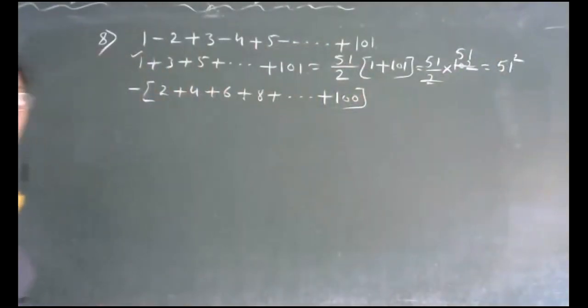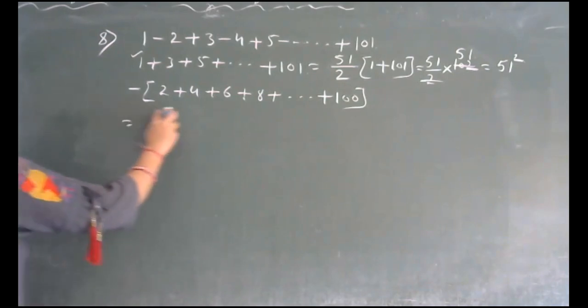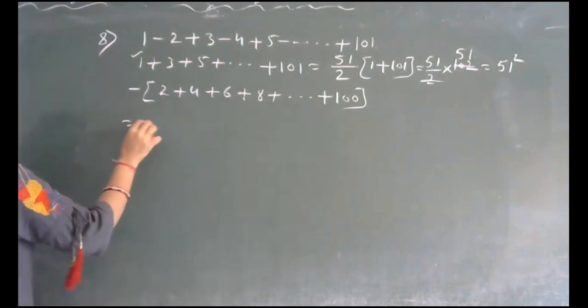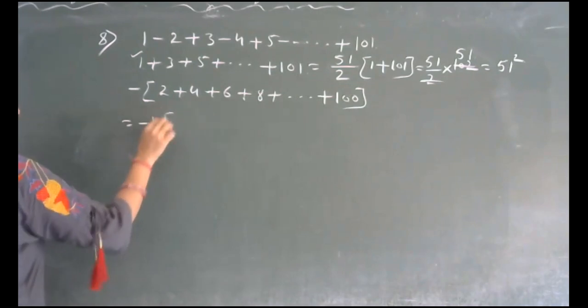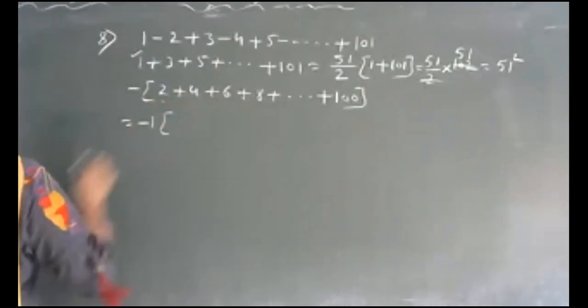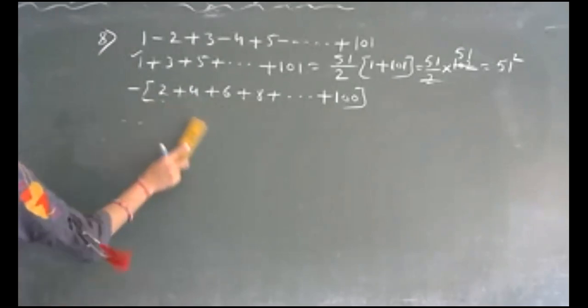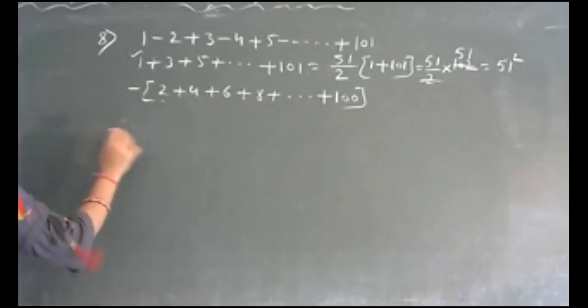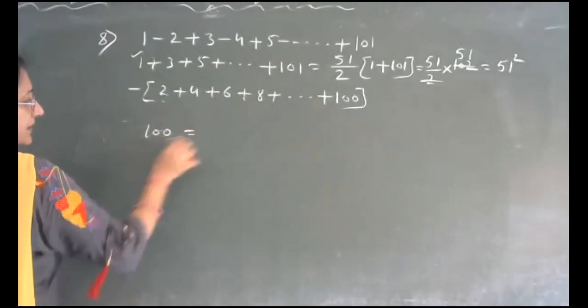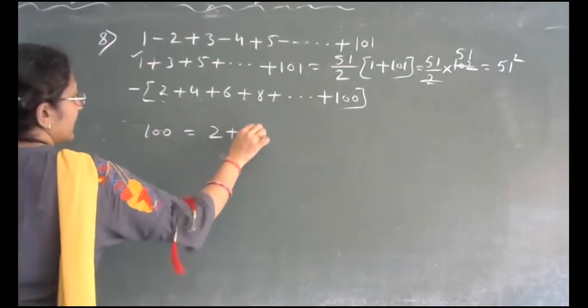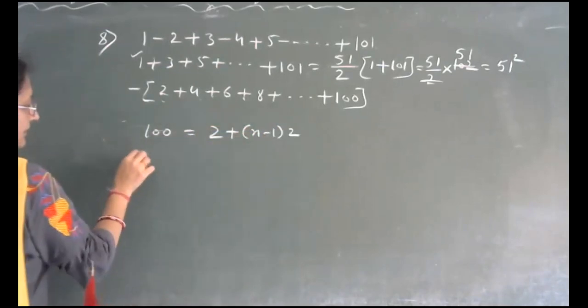Now the even terms, taking minus 1 common: 2, 4, 6, 8 up to 100. Last term is 100, common difference is 2. So 100 is equal to a plus n minus 1 into d.